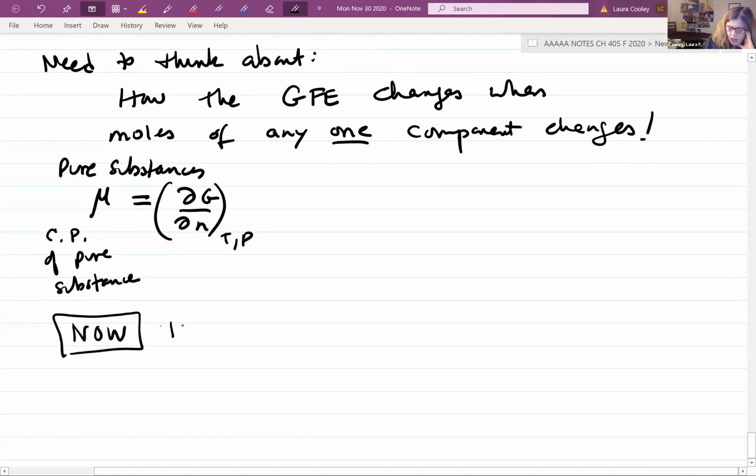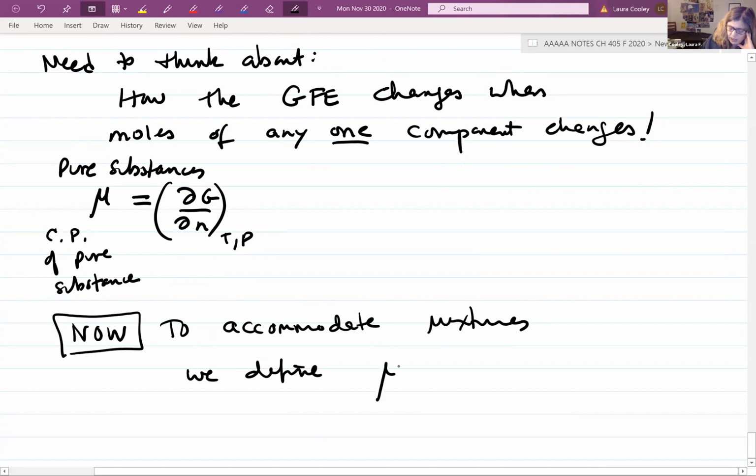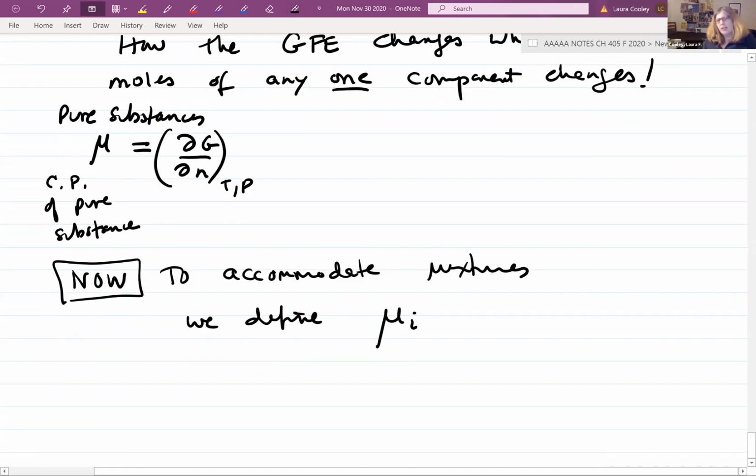So now to accommodate mixtures, we define the chemical potential of the ith component of the mixture.